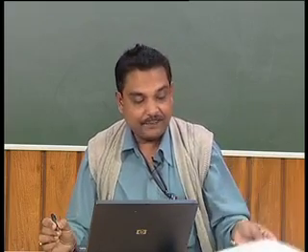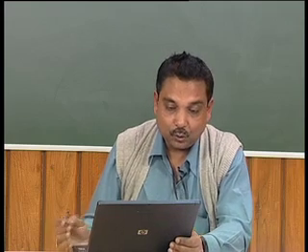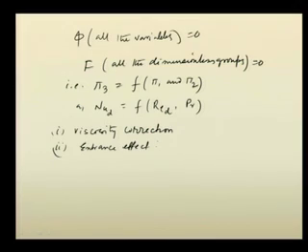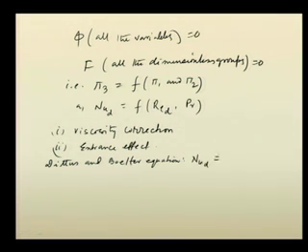However, there is a very famous correlation that we already know for flow through a pipeline, given by Dittus and Boelter. The Dittus-Boelter equation says that Nusselt number based on diameter is equal to 0.023 into Reynolds number based on diameter to the power 0.8 and Prandtl number to the power n.